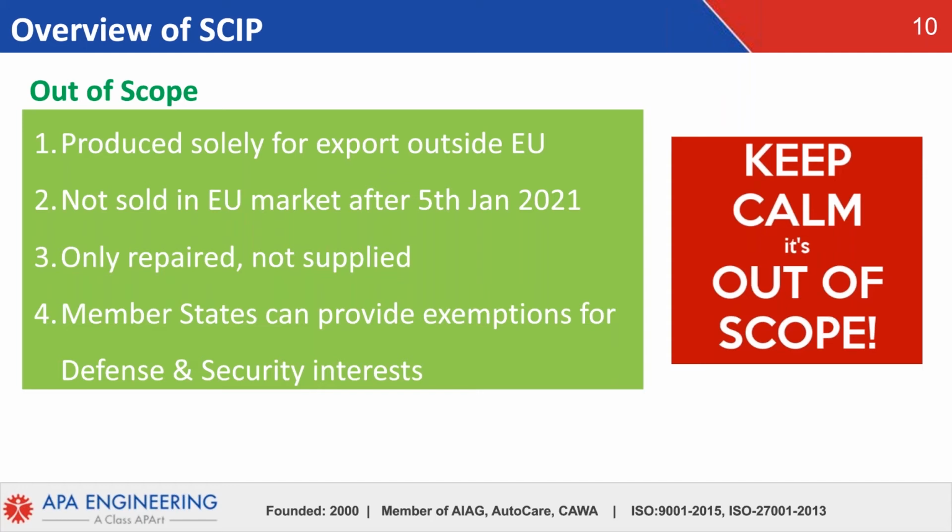If the item was only repaired and not supplied within the EU market, you do not need to be concerned with SCIP. And then there are certain exemptions for defense and security interests where the articles may not have to be registered for SCIP in order to expedite delivery. Next slide.